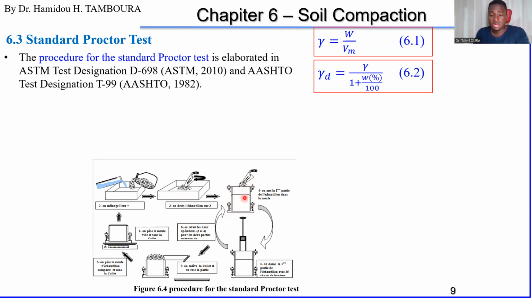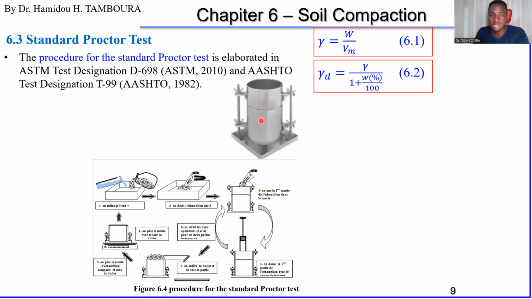And remember, you want to do 3 layers. So don't put too much. But of course, when you compact the soil, the volume of the soil will decrease. That's why sometimes this is for professionals. But anyway, try to obtain 3 layers.